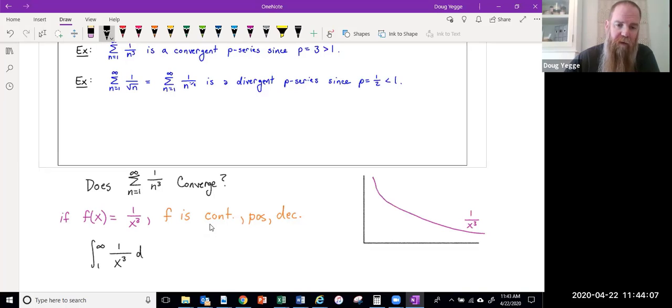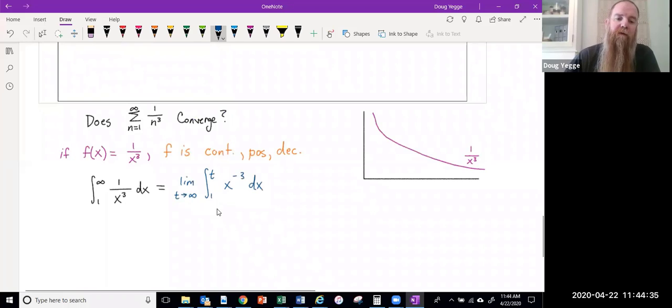That's an improper integral. So before I can do that, I've got to rewrite this as a limit. So we write this as the limit as, let's call it t or b, as t approaches infinity of the integral from 1 to t of x to the negative 3 dx.